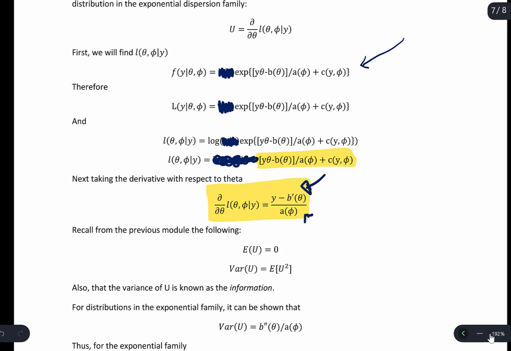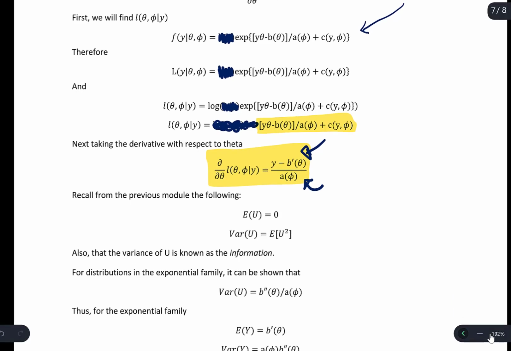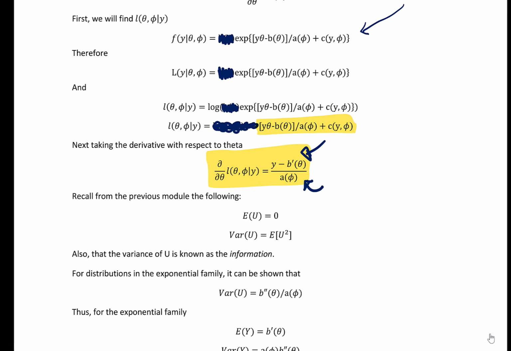We also have the a of phi, but the b of theta is going to be the more important piece. Part of the reason for that is most of the distributions we work with are going to belong to the exponential family with a single parameter, so think like binomials, Poissons.